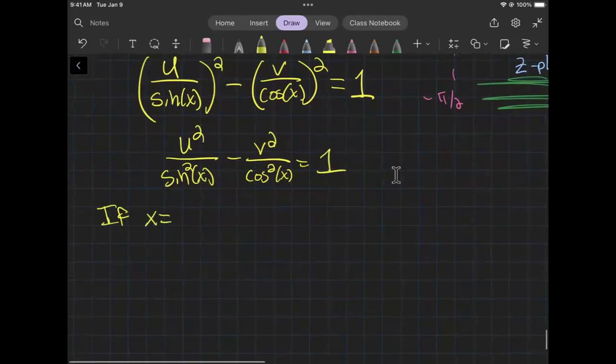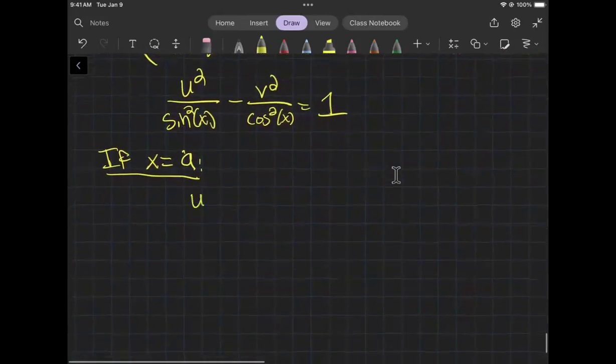And if x is equal to some value a, this is what it looks like.